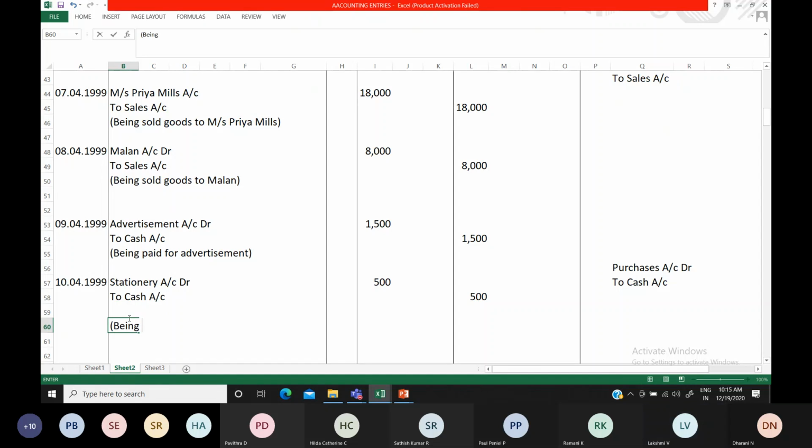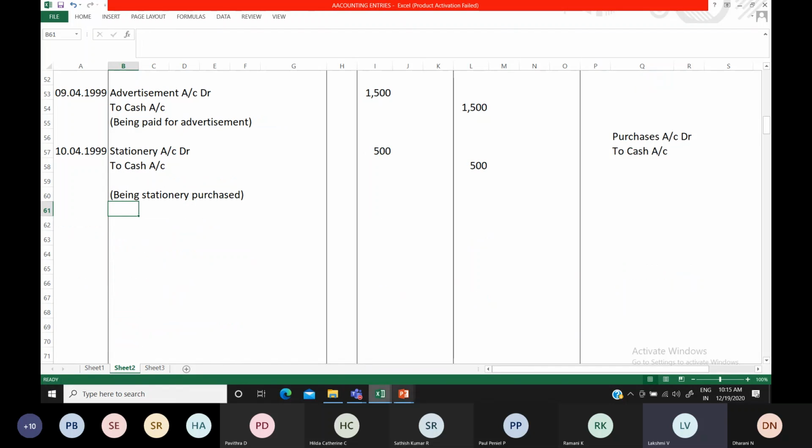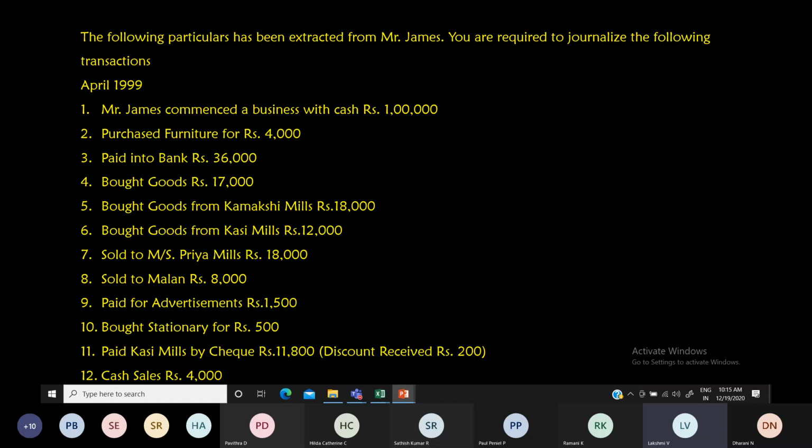Being stationery purchased, or bought stationery, accordingly a sentence can be given. Being stationery purchase for cash or something you can give. Okay, and this will be our 10th day transaction. Now moving on to the next.